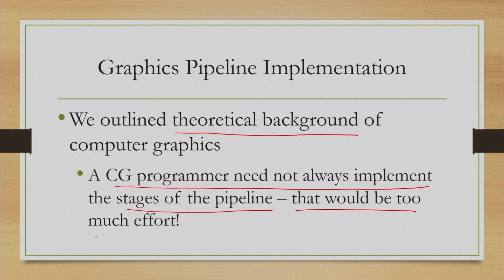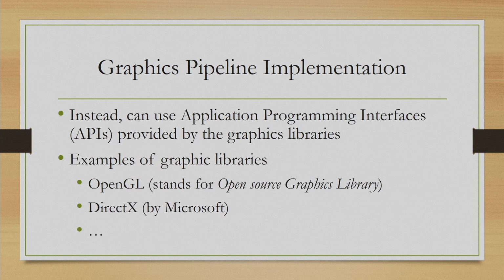That would be of course too much effort, and major portion of the development effort will go into understanding and implementing the theoretical stages. Instead, the programmer can use what is called application programming interfaces or APIs provided by the graphics libraries, where these stages are already implemented in the form of various functions, and the developer can simply call those functions with arguments in their program to perform certain graphical tasks.